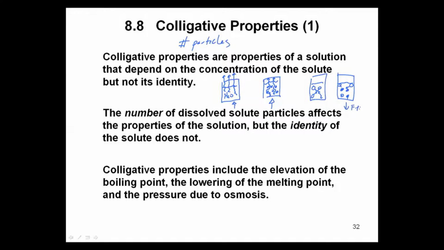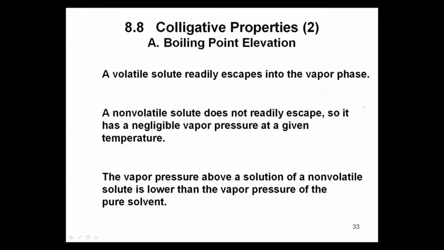So instead of water freezing at 0 degrees Celsius, it will freeze at maybe -2 degrees Celsius or something like that. So the idea here is that because we dissolve some of this solute, we have more particles in these solutions. These particles get in the natural way of things being able to freeze or boil, how the solvent by itself, say water, would normally be able to do that.